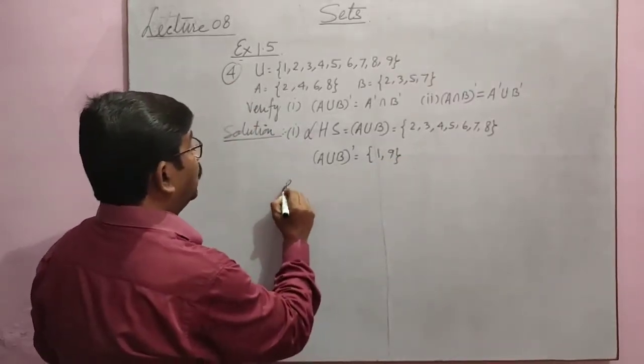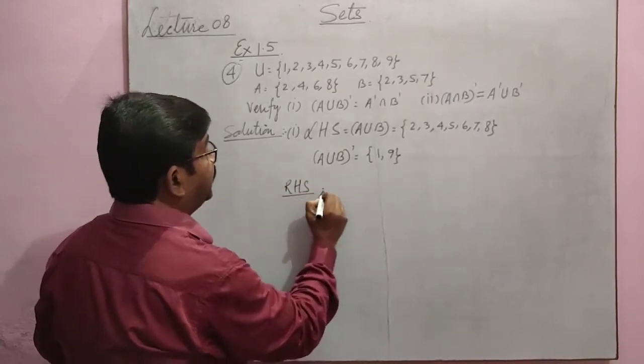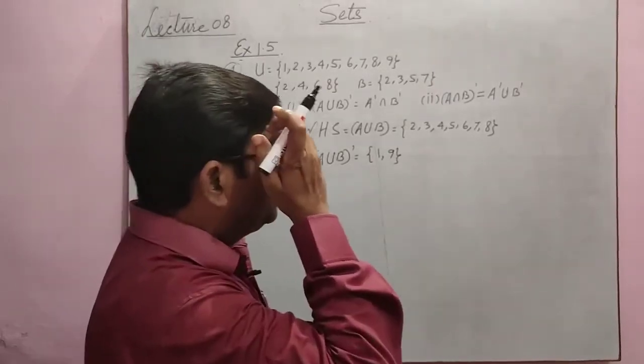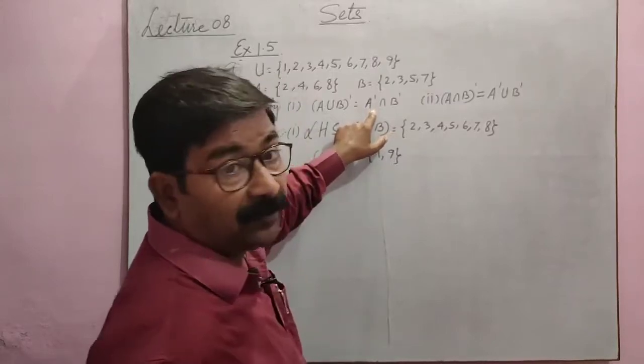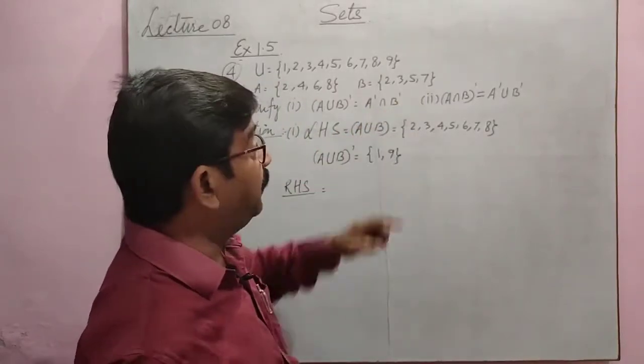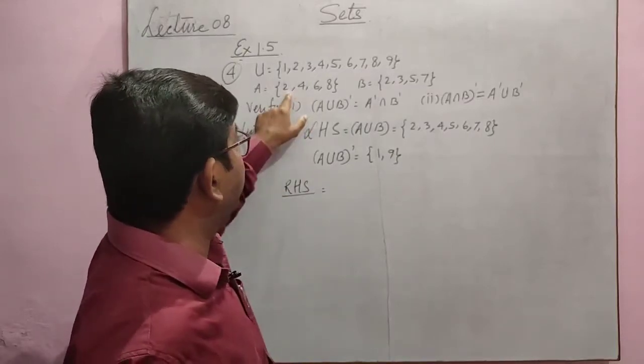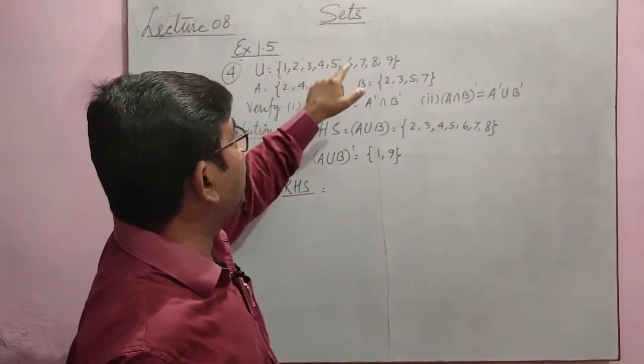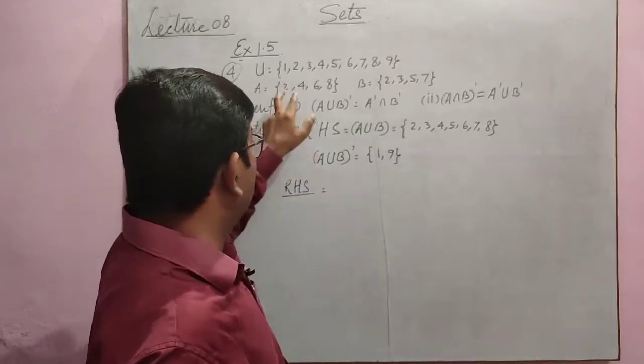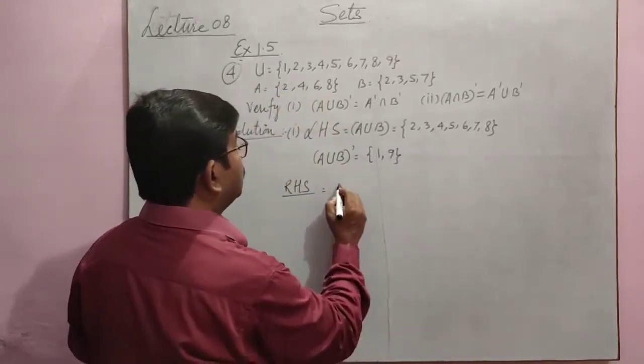Now come to the right hand side. In the right hand side, first individually we have to find complement of A and complement of B, and after that its intersection. So complement of A from 1, 2, 3, 4, 5, 6, 7, 8, 9. If we remove 2, 4, 6, 8, what is left?